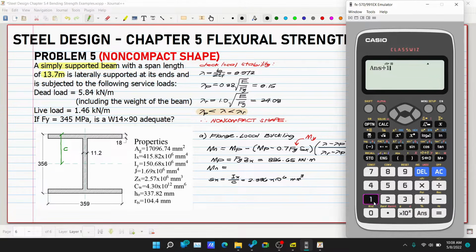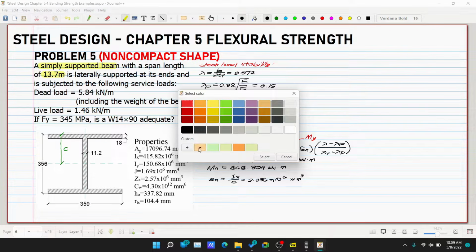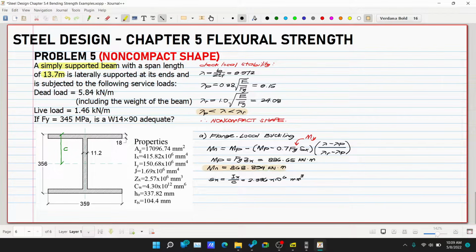And then, divide natin ng 1,000 squared para maging kilonewton meter. So, 868.894 kilonewton meter. So, shade natin. Ito yung ating Mn1 or yung ating nominal moment for the flange local buckling condition.